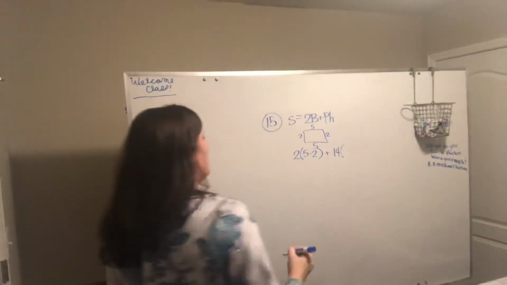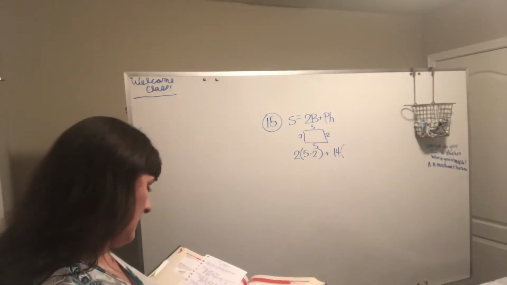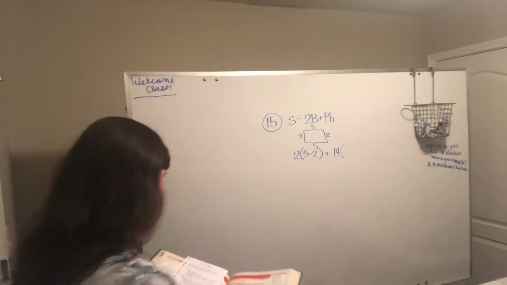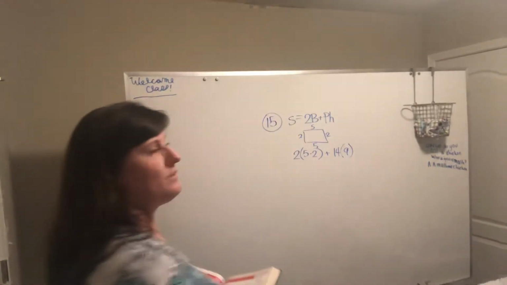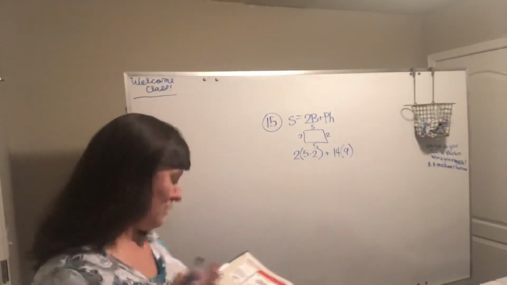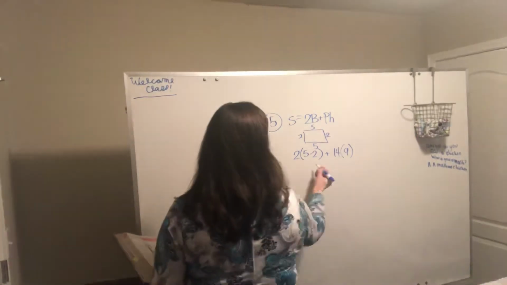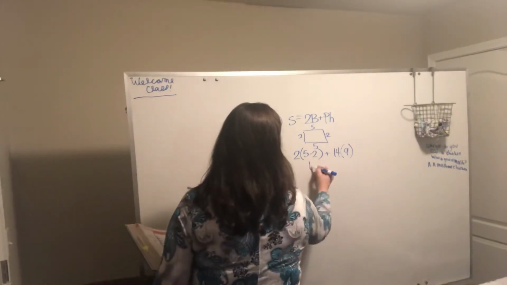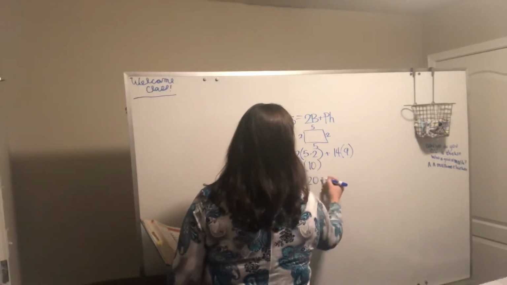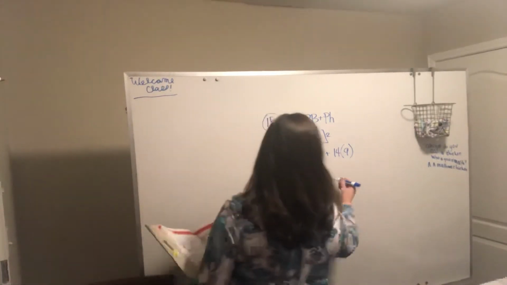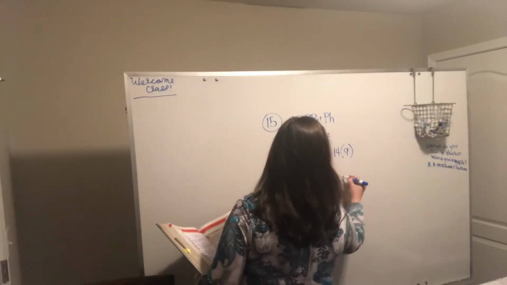Okay, times the height there. And it tells you on number 19 that the height is 9. Because I'm not good enough to draw a 3D figure, you can just look in your book for that information. All right, so we have 2 times the area of the base. We know this is 10 times 2, so we have 20 plus 14 times 9, so we have 126 there.